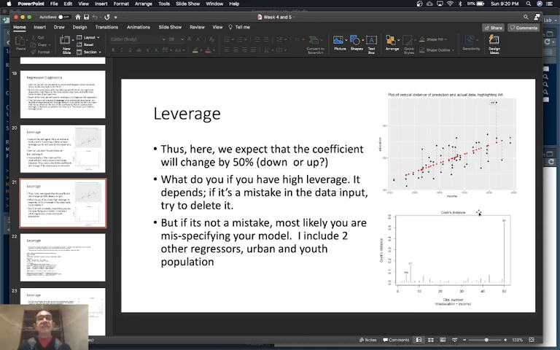If it's not a mistake, most likely you are misspecifying your model in some way. There are many ways to check whether your model is misspecified. Either it's nonlinear, so you can change your x values and your y values by applying transformations to x and y and see if that works.